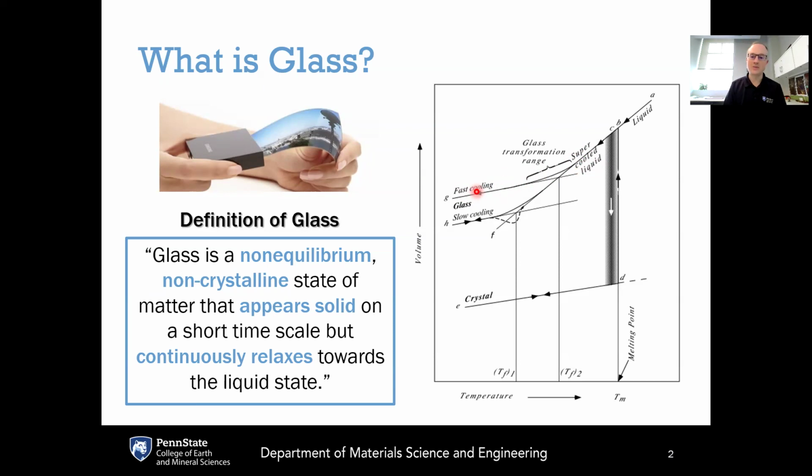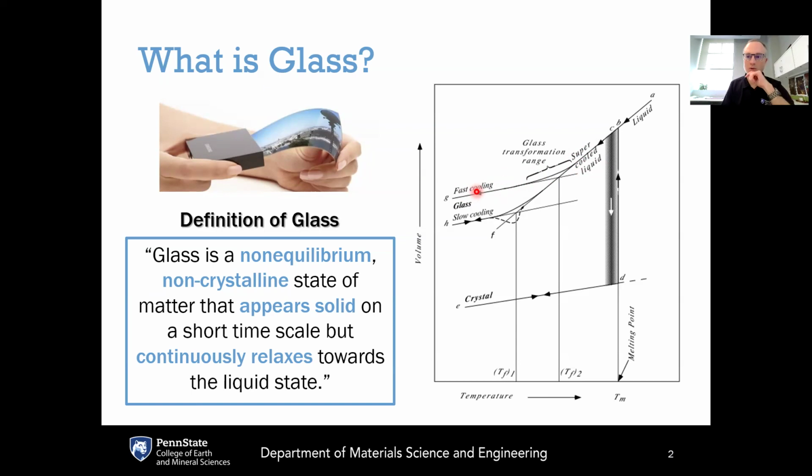But because the atoms are in a frozen-in configuration, if you tap on the glass, if you hit it with a hammer or something, the way it behaves mechanically is like a solid. So it has some liquid-like features, like its non-crystalline structure. It has some solid-like features, like its mechanical properties. And it's falling somewhere in between the two.